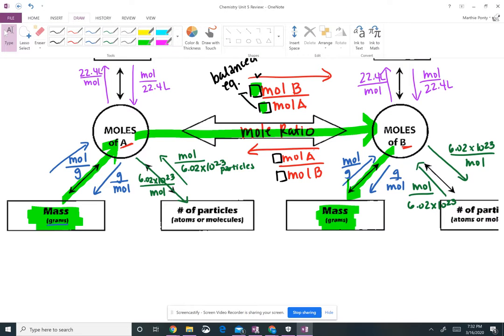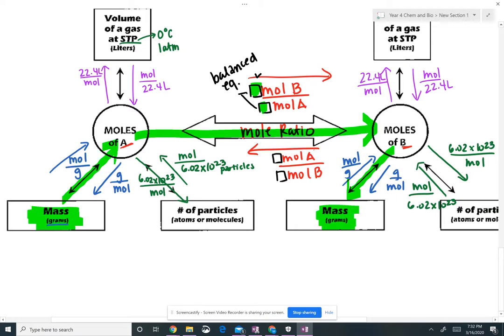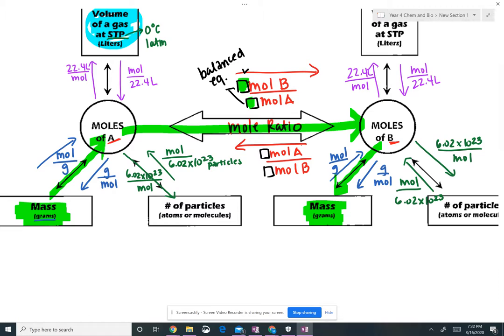Another example could be that if they give you a volume to start with. Say we start with volume, and then they ask, if I start with volume, how many particles am I going to end up with? And it's a different molecule.